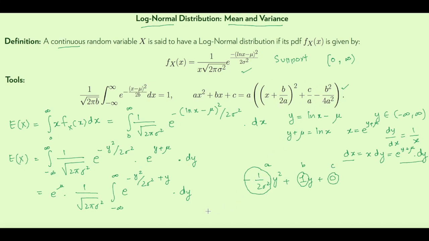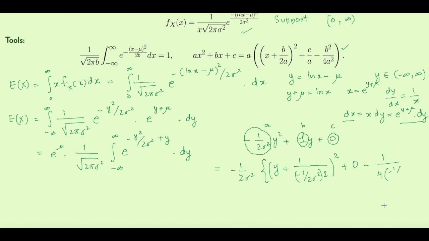This is equal to minus 1 over 2 sigma squared, times y plus b over 2a, where b is 1, so 1 over negative 1 over 2 sigma squared times 2, squared, plus c over a, so plus 0, minus b squared over 4a squared, so 1 over 4 times negative 1 over 2 sigma squared.